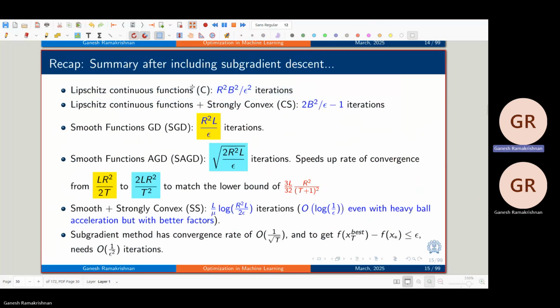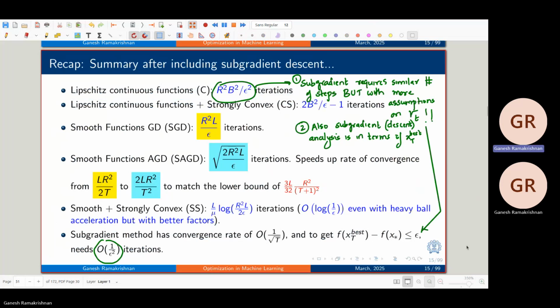Lipschitz continuous, which was our first attempt, is comparable to the subgradient method. The only thing is the subgradient method requires a lot more assumption on gamma t. Whereas for gradient descent on a Lipschitz continuous function, we showed, in the worst case, there was a gamma t which minimized the right hand side upper bound.